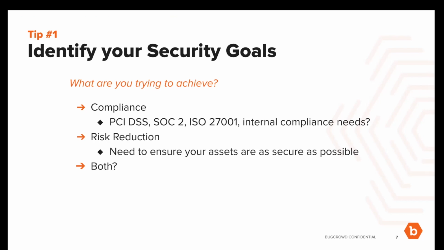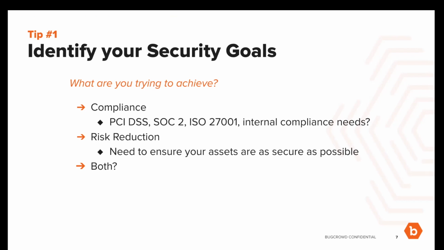It could be that someone wants to reduce the risk of their assets to make them as secure as possible. Again, they're not mutually exclusive to each other as much as a prioritization of which one is your top priority for running a pen test. And that would determine the incentives that you need for a pen test. And sometimes it could be both. As we said before, coverage is an example where it could be either or, it could be all of the above.